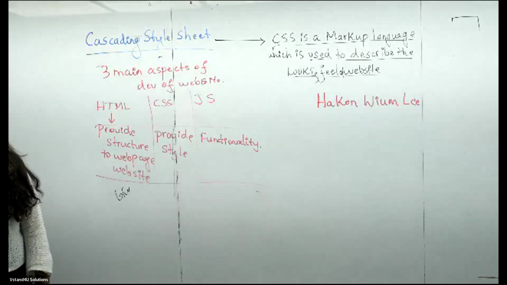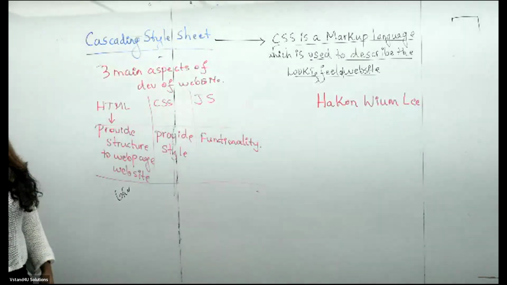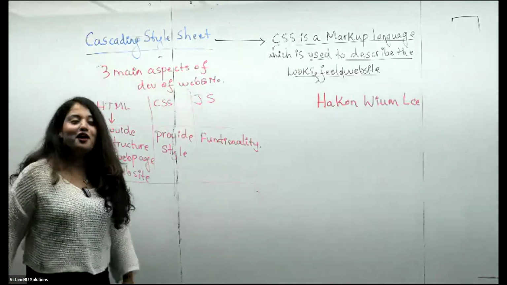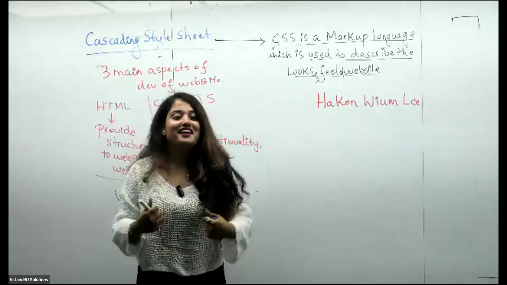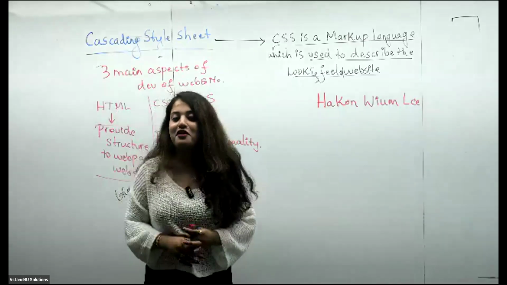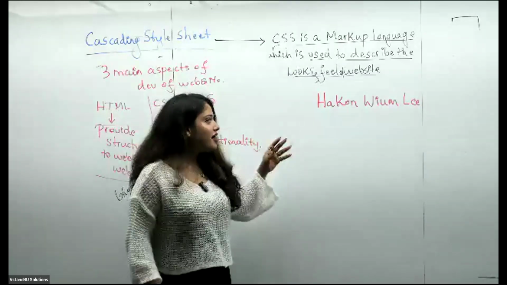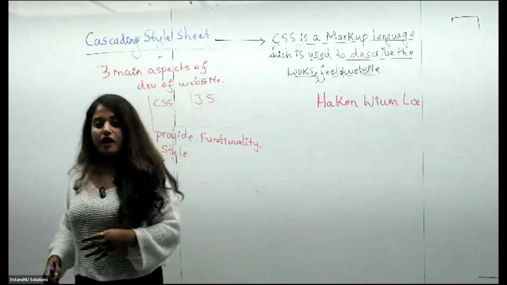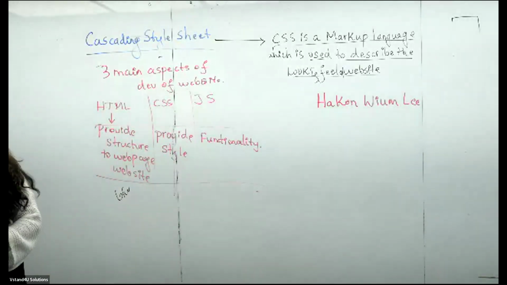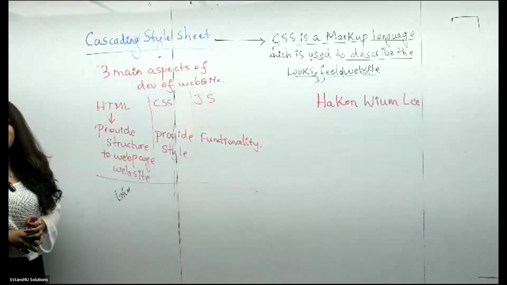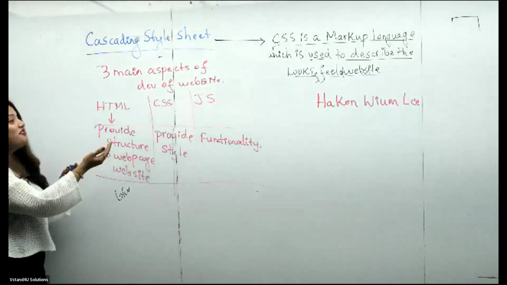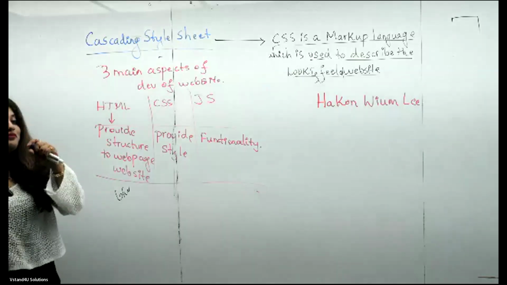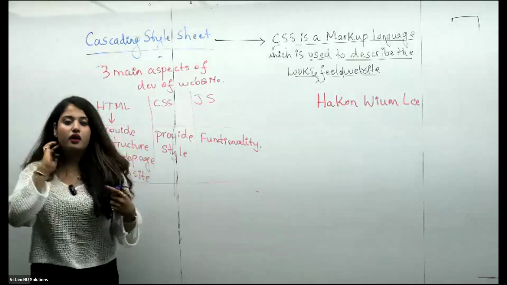If you go to an interview and say Hakon Lee, or you say William Lee, they will throw you outside. Please say Hakon William Lee. Okay, done. Who is the founder of HTML? Sir Tim Berners-Lee. You should call him Sir. Sir Hakon William Lee. Okay, done.